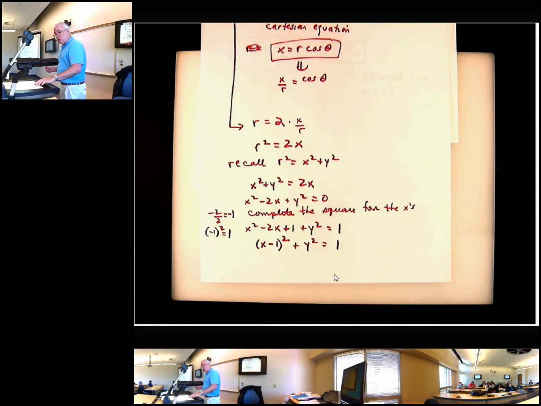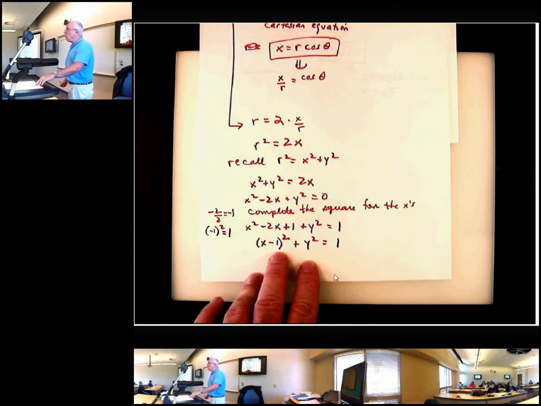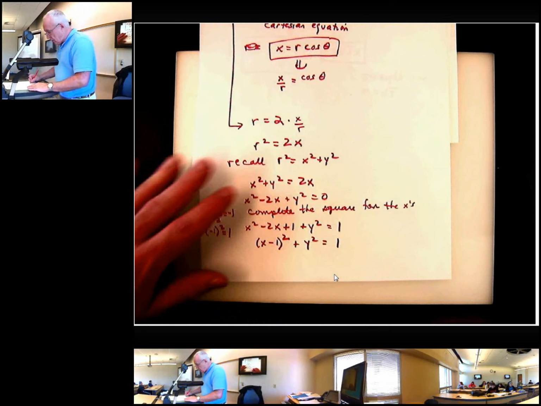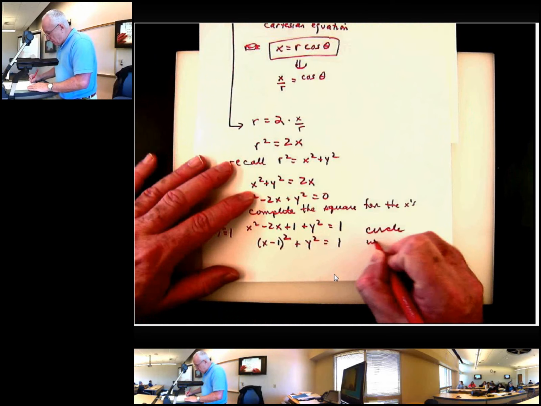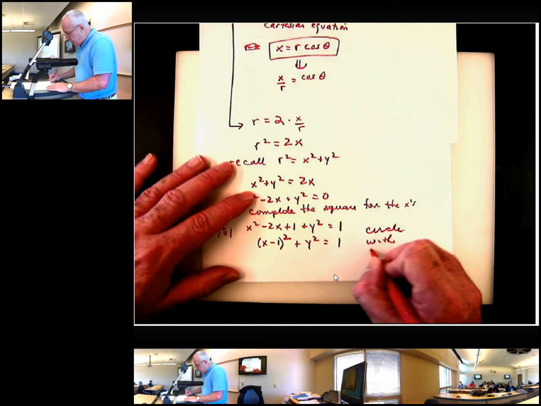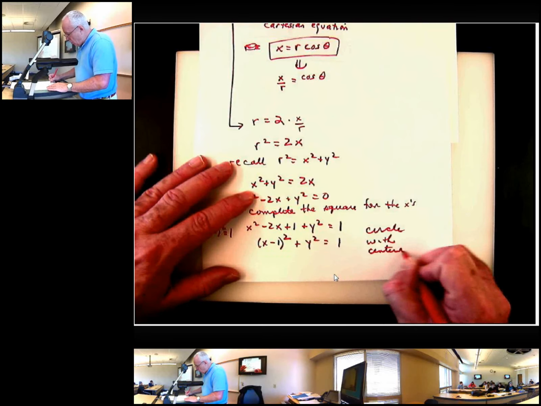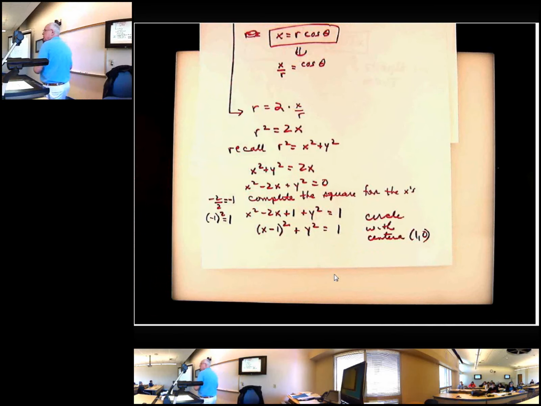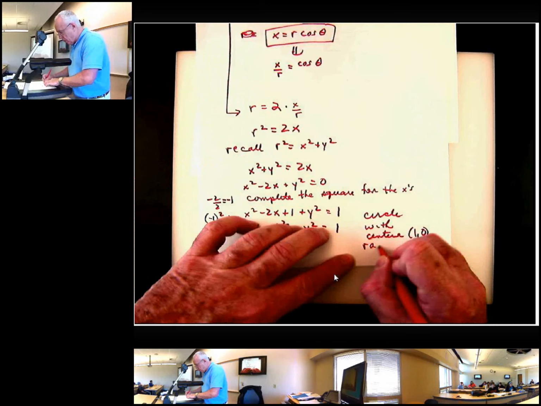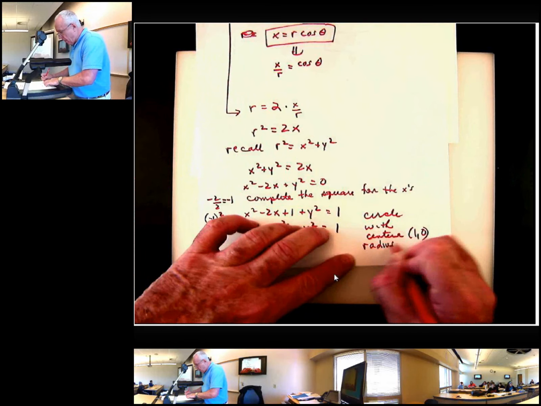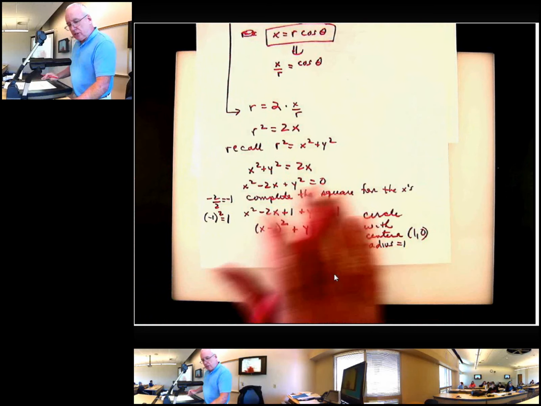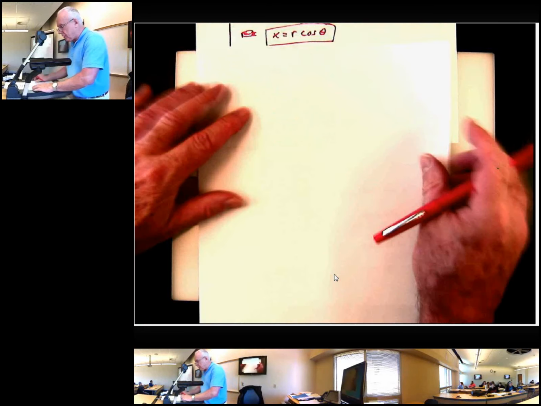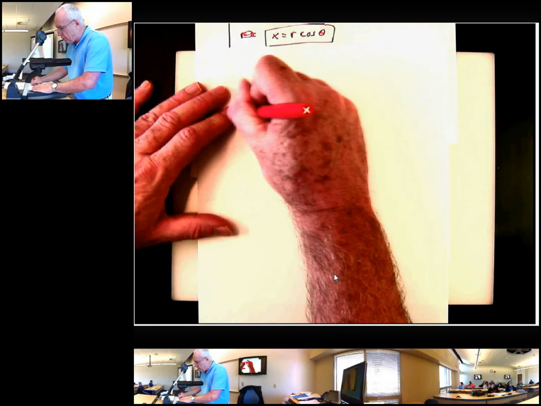This is a circle with center 1 for the x and 0 for the y. So it's a circle with center 1, 0. And what's the radius of the circle? 1. Radius 1. We'll do more detailed graphing the next time because I want to go through that process.